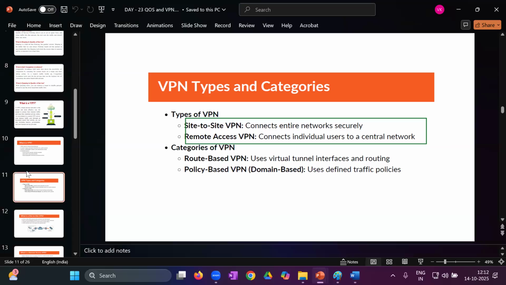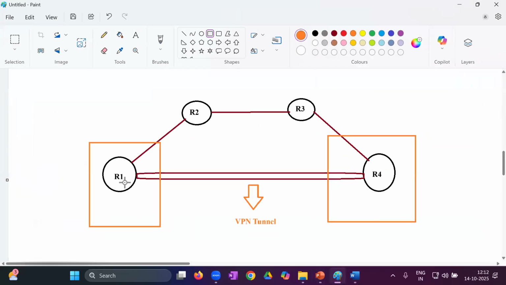Now, for example, in this scenario, you have a router, and there is one individual who is trying to access this router remotely. He is not present at the location. He is somewhere else, working from home. In that case, if he wants to access these devices, then he needs to create what? A remote access VPN.